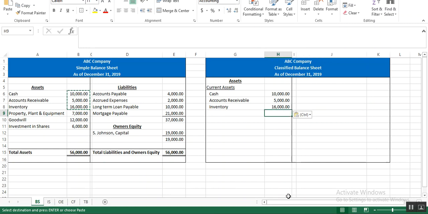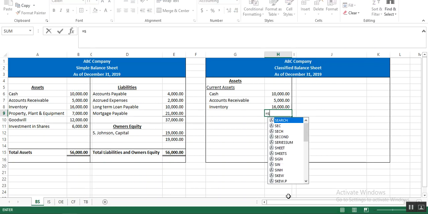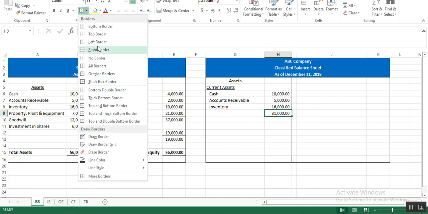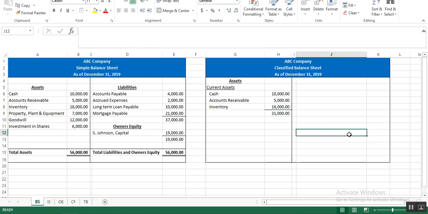Word is okay, but it leaves you more room for error because you have to manually type everything in. Okay, and so the sum of these three, my total current assets, is 31,000. Okay, so that's my first category.